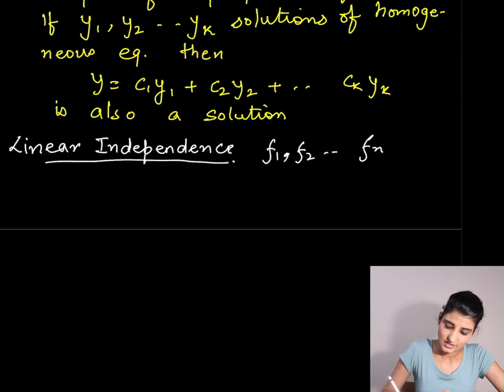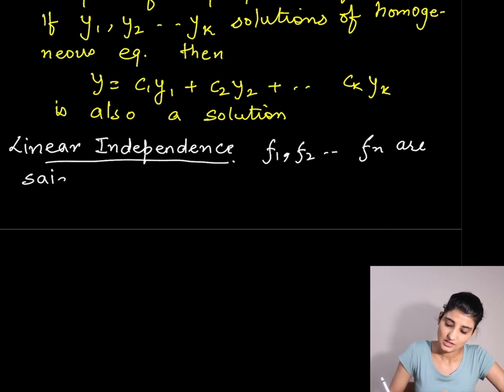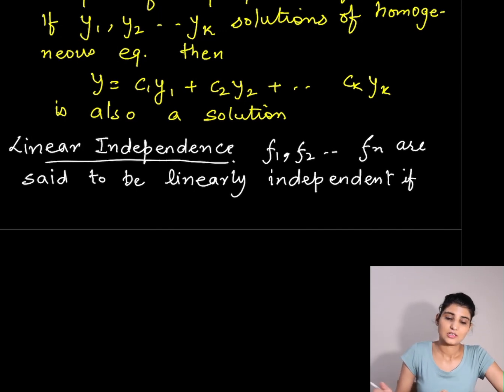So f1, f2, up to fn, any number of functions, are said to be linearly independent under the following condition.